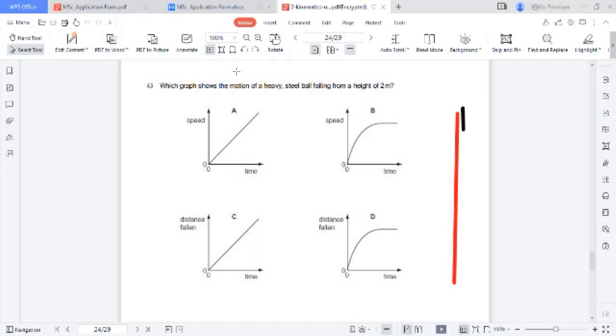So suppose the ball falls. Here is a ball, suppose, and its height is 2 meters. When it falls through 2 meters, it will hardly take 1 second.